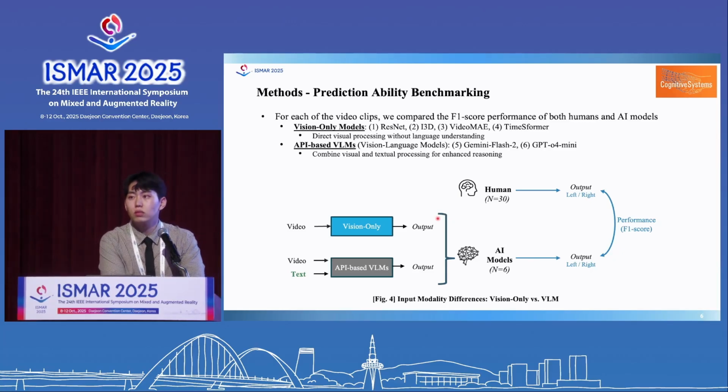With humans, we can give instructions before the experiment, but with the vision model, we cannot give specific instructions, such as focusing on the dilemma situations where the car will go left or right. So we use vision language models to give some direction to the models as text. Okay, thank you.